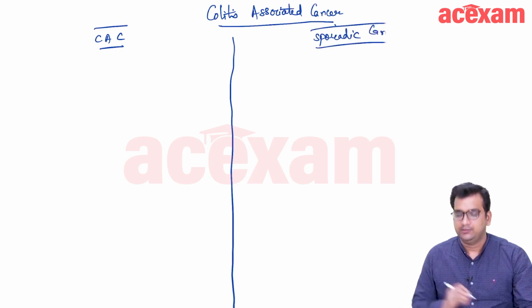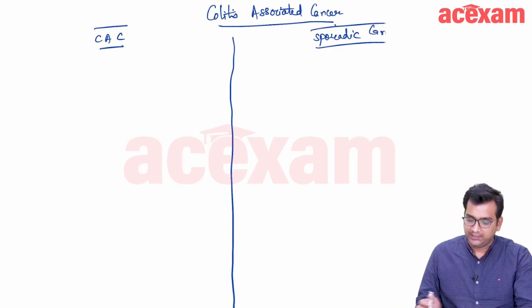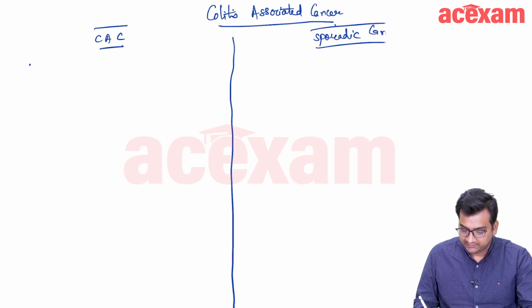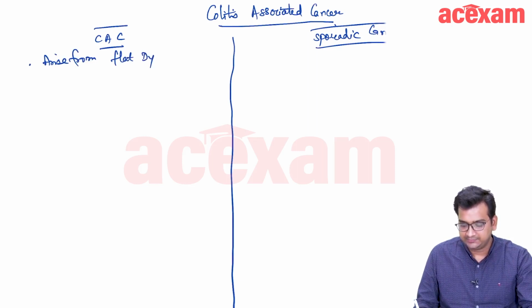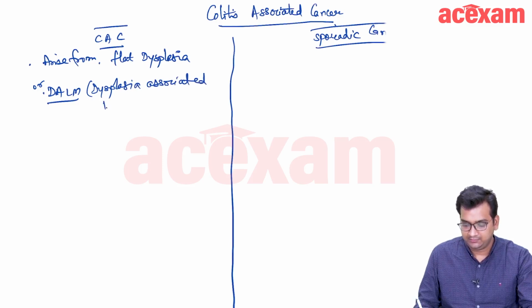So in colitis associated cancer, it arises from flat dysplasias or DALM, which is a dysplasia associated lesion or mass.